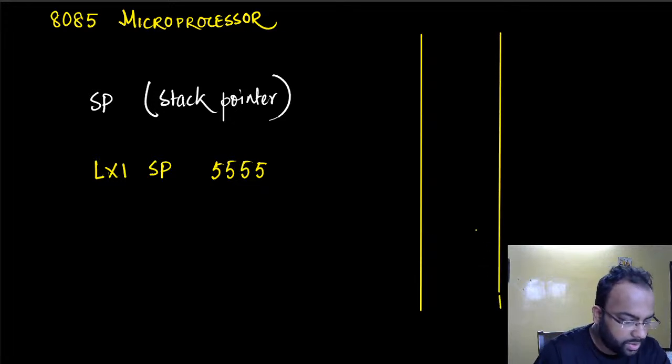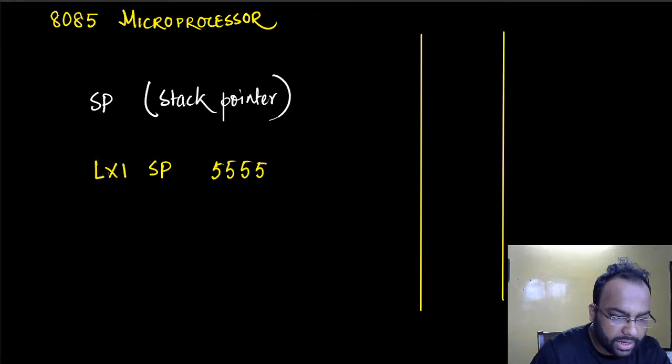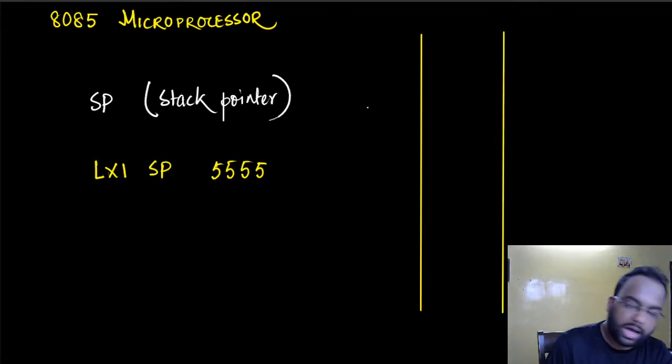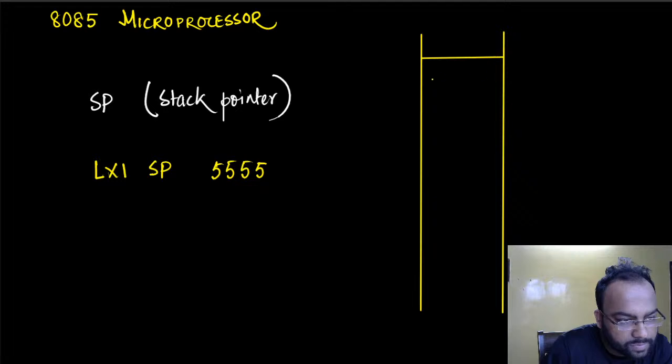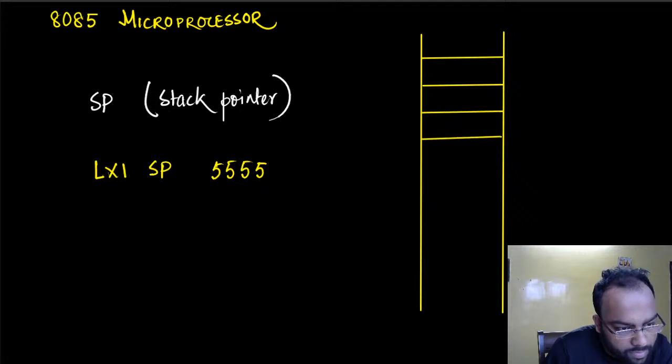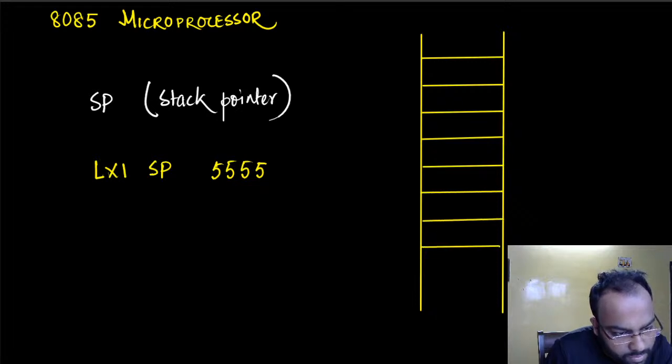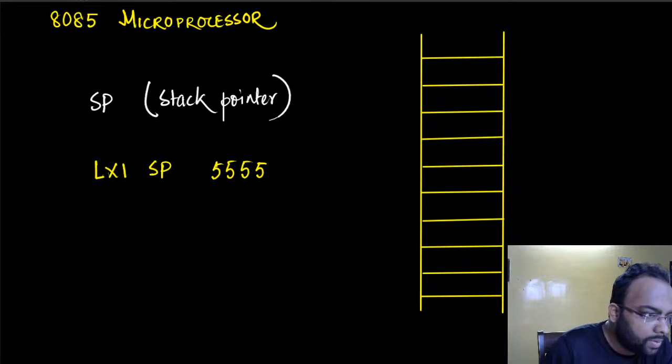You understand that the memory is basically a contiguous block. Let me write down the memory locations.